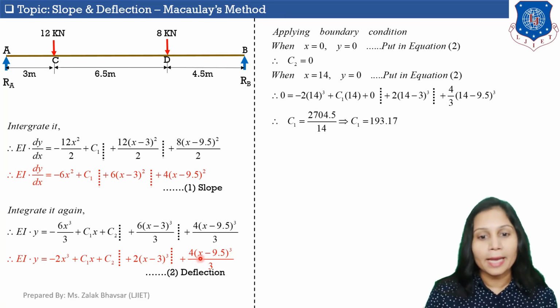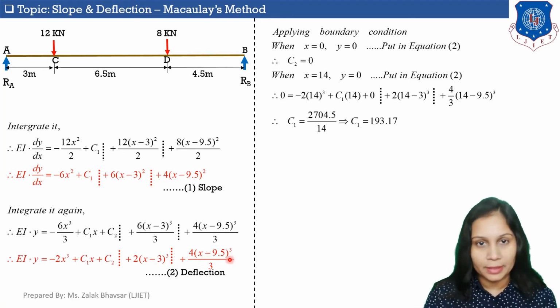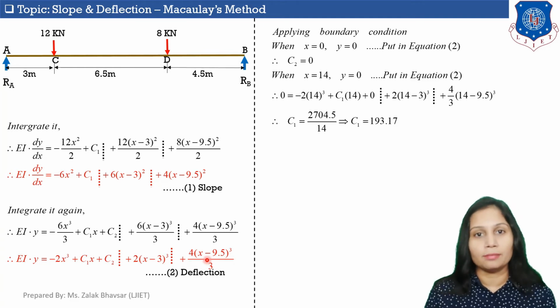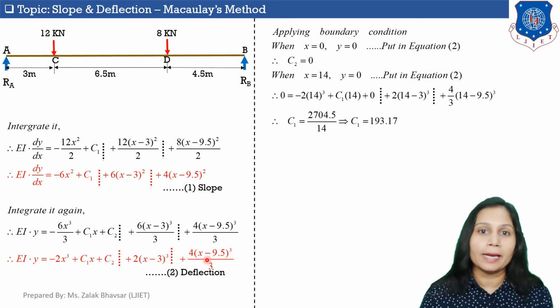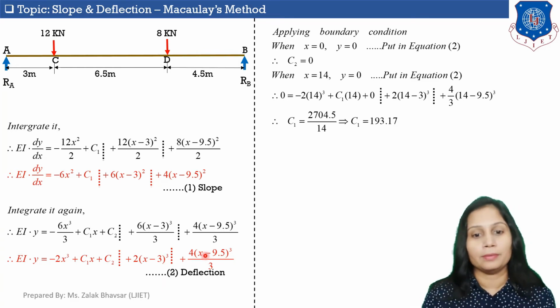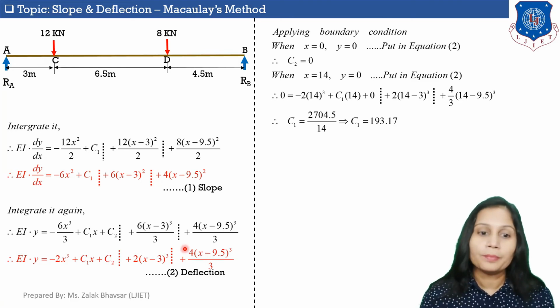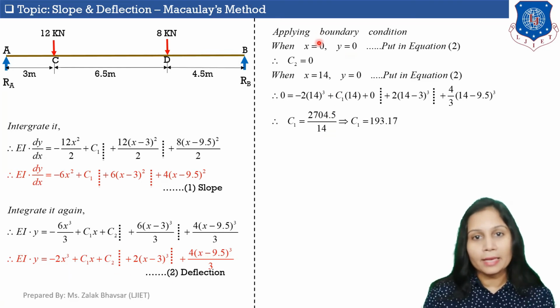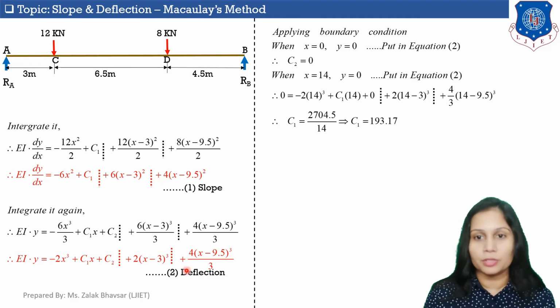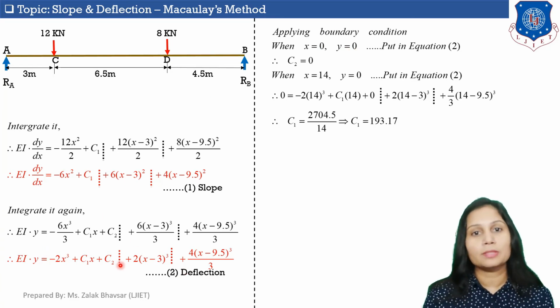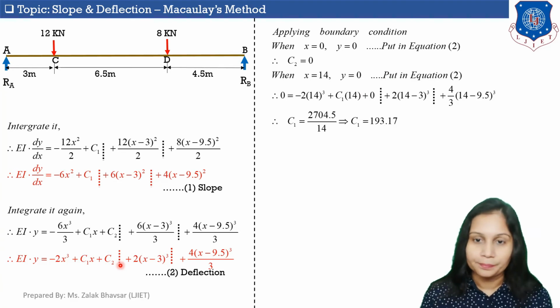Similarly, the value of (x - 9.5), if I put x = 0, will be negative and we will neglect it. So ultimately, by putting x = 0 and y = 0 in the second equation, we get the value of C2 equal to 0.